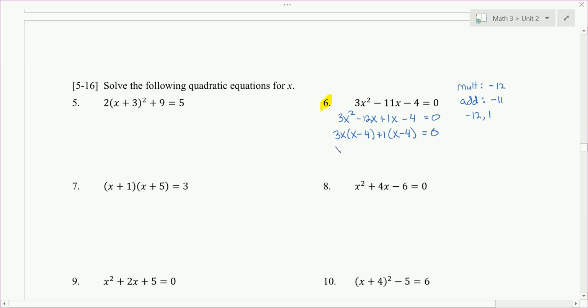Factor out the x minus 4, and we're left with 3x plus 1. Then we can set our factors equal to 0. And the first equation gives us x is 4. The second one we set equal to 0, and we end up with 3x equals negative 1, or x equals negative 1/3.